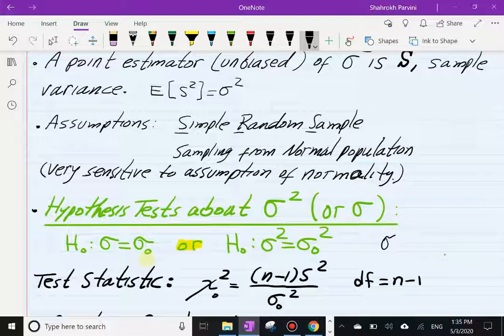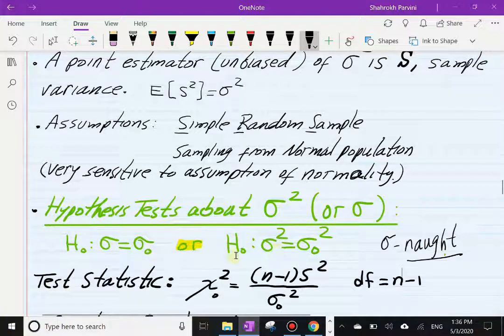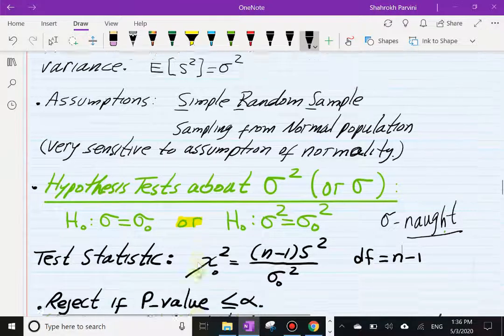Okay, sigma naught. It's like naughty. So this is sigma naught. Sigma naught is what we call the hypothesized value of the standard deviation. To test this hypothesis, we know now the sampling distribution, right? So our test statistic is going to be this, with degrees of freedom n minus 1.